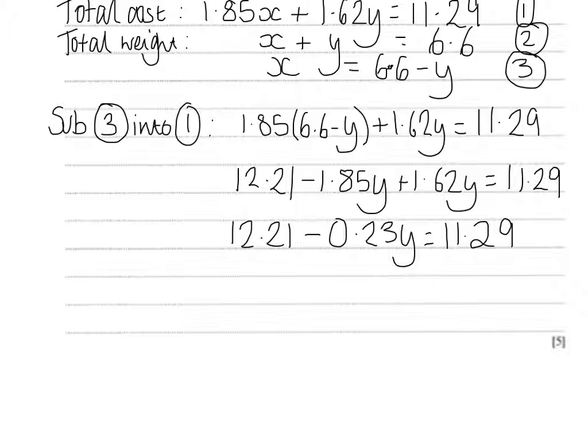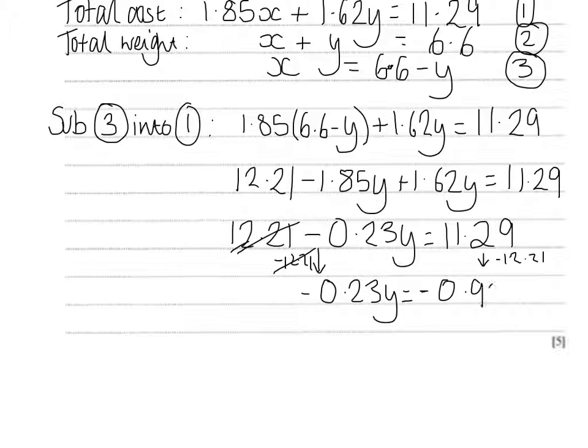Okay, remember I want to get the y by itself, so I've got to rearrange, so I need to get rid of this 12.21, so I'm going to take away 12.21 from both sides, or however you rearrange it. These will cancel, so I get minus 0.23y equals 11.29, take away 12.21, which is minus 0.92.